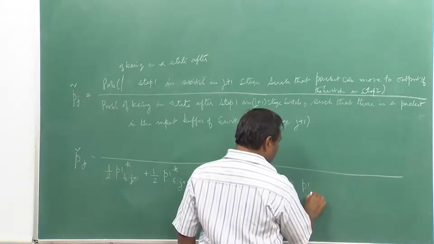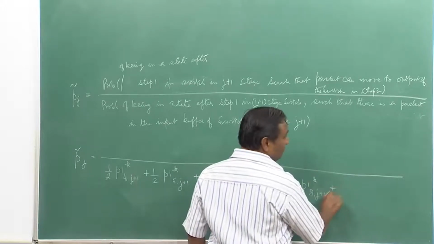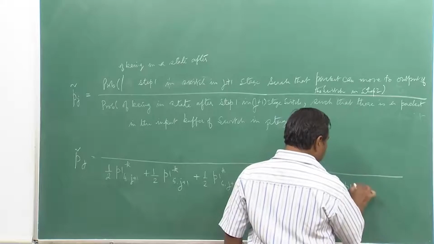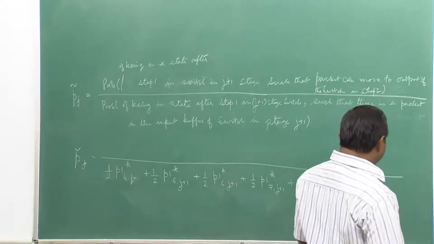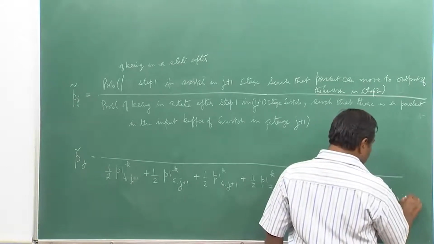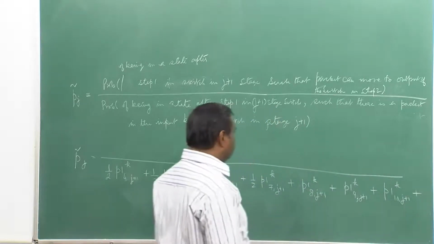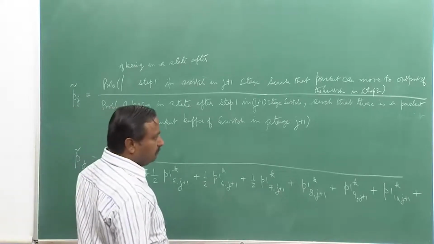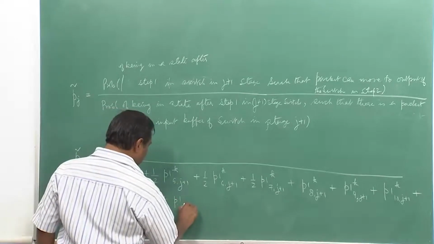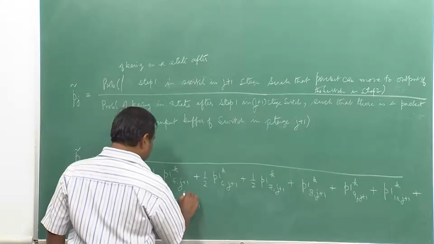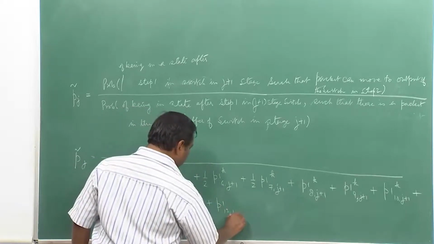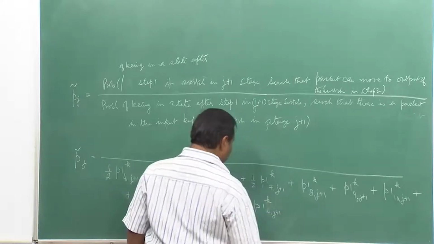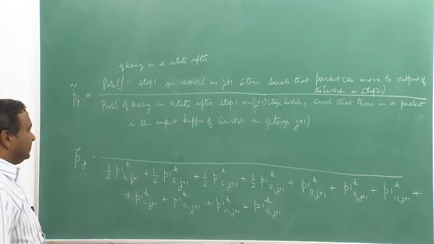So I will be putting p1 8 j plus 1 k. So p9 similarly p1 9 j plus 1 k, p10, you can be in p11, p12 and p13 and p14, so all of them will come. Okay. So this is what will be the denominator, this is this probability.